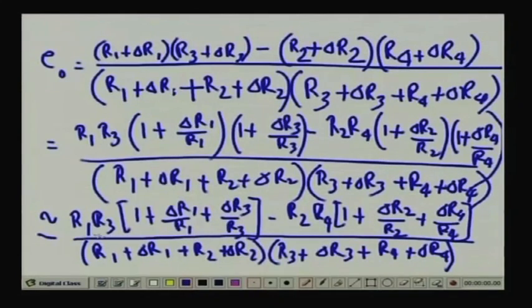So, since initially the bridge is balanced, we can write R1 R3 equals R2 R4.